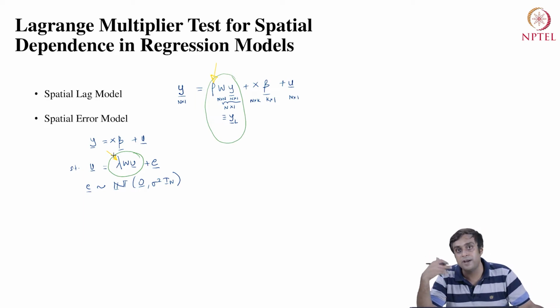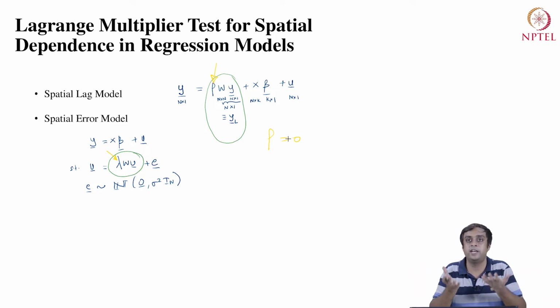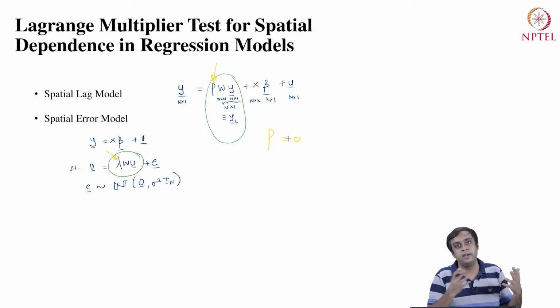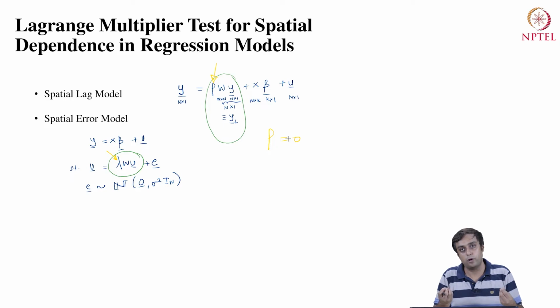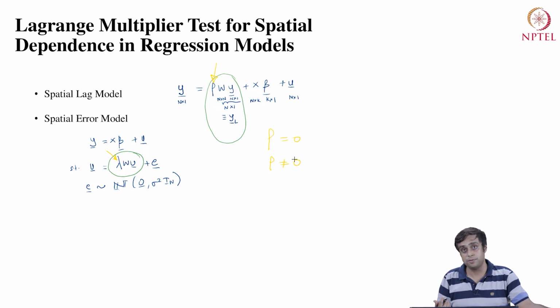That will depend on whether or not rho is equal to 0. If rho equals 0, then I'm done. I don't really need to worry about the weights matrix and all the computation and techniques needed for conducting spatial regressions. But if rho is not equal to 0, then I can't run away from this situation.